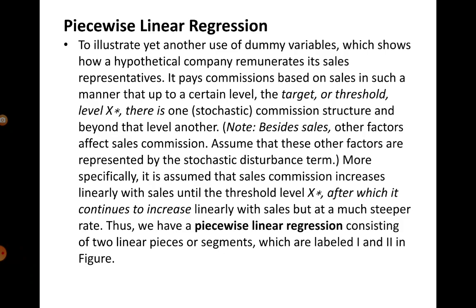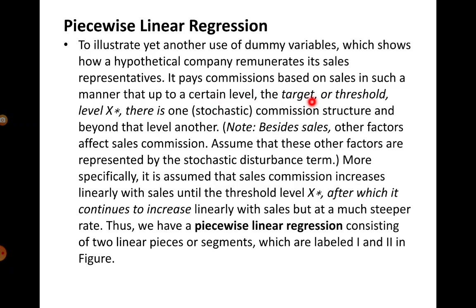look at this example. We have a hypothetical company which compensates its sales representatives based on the sales that they manage to execute. So the commission for the sales follows a certain formula till you reach a target or threshold level called X star.